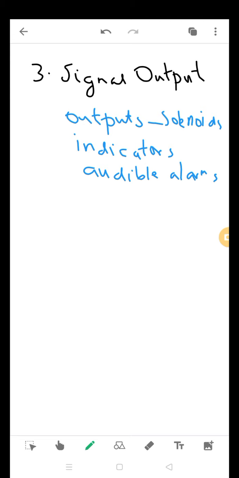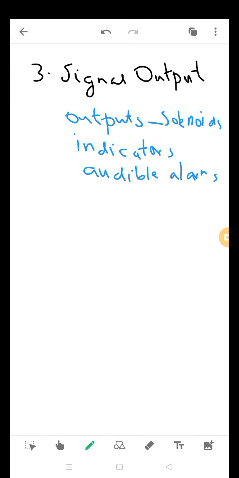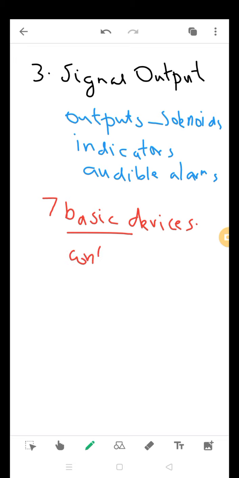And now, apart from these three steps in electropneumatics, there are 7 basic electrical devices which mainly control the fluid power.